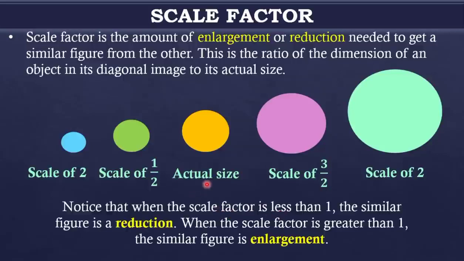So, alin ba dito? From the actual size, ito yung less than 1 natin dyan. Yung 1/2, and then ito. So, when the scale factor is less than 1, the similar figure is a reduction. Okay, kapag less than 1. So, binabaan natin twice of its size. Niliitan natin siya. That is what we call reduction.